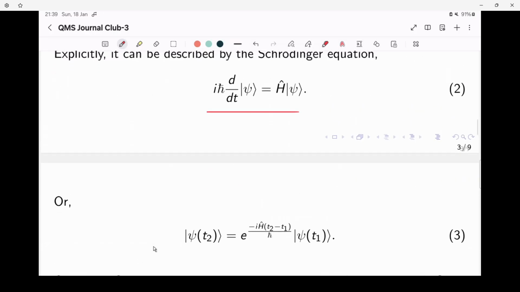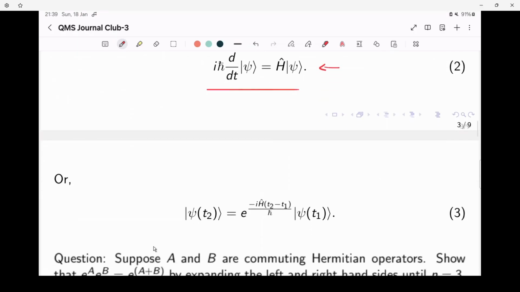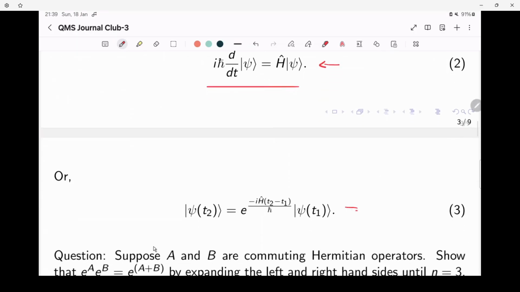Of course you can solve this particular differential equation to get this solution, equation 3, which basically means that your unitary matrix is given in this form.